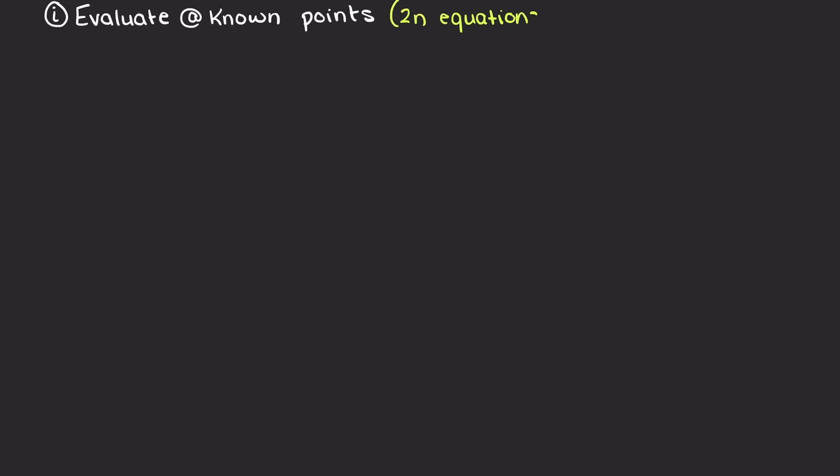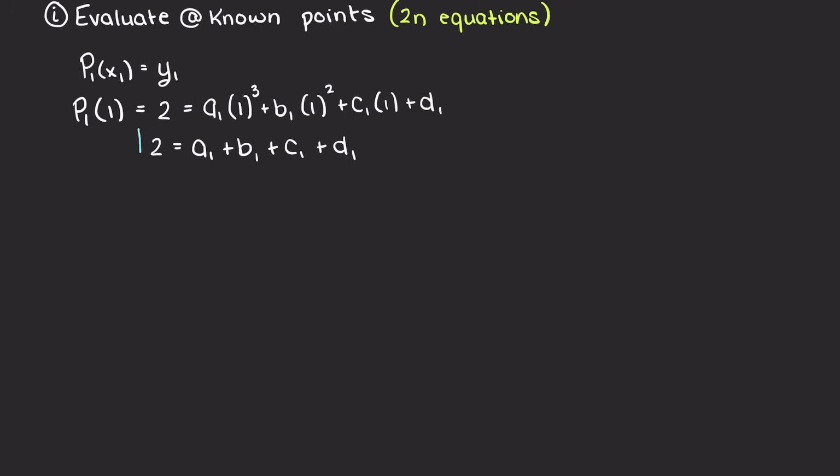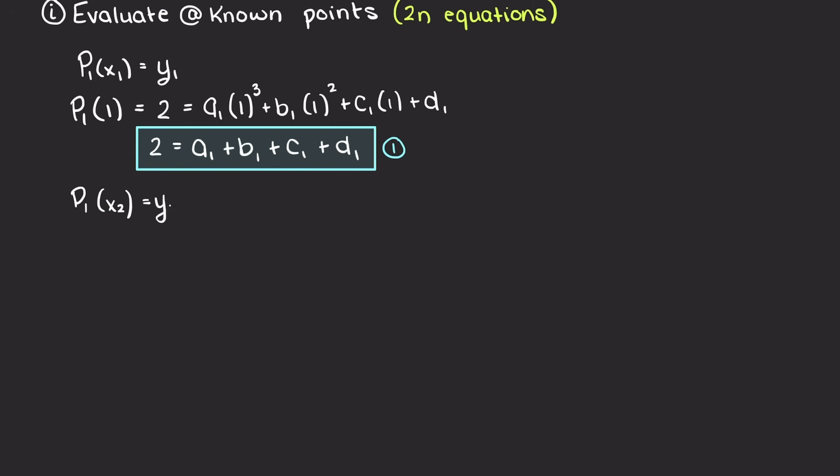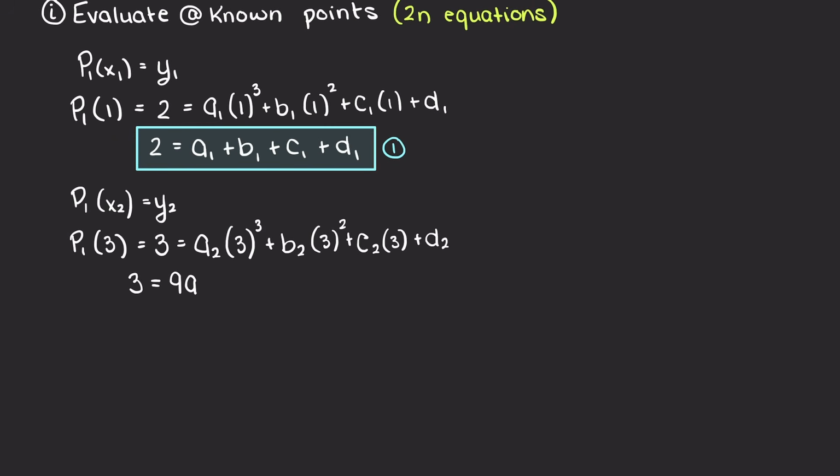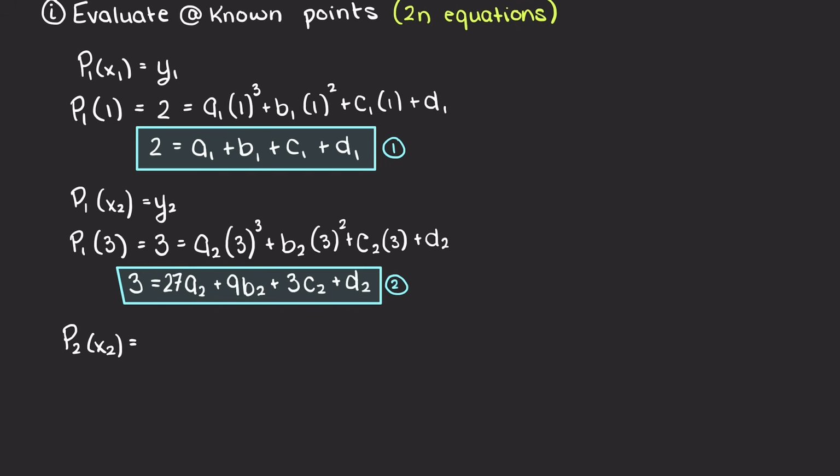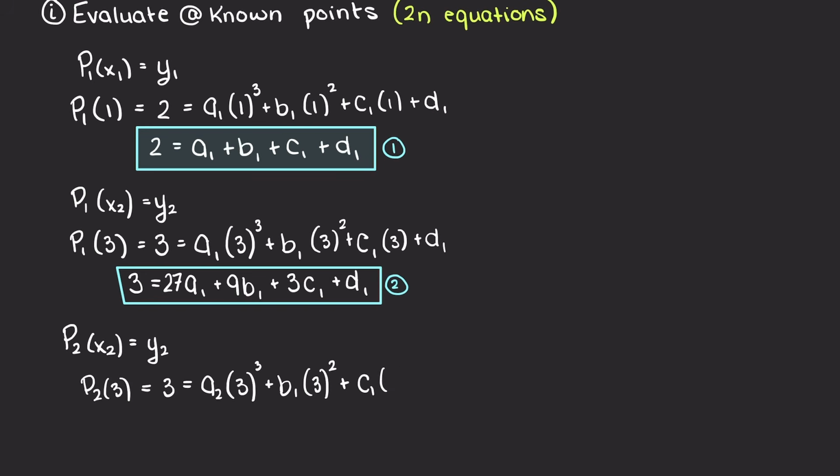As we learned in the previous theory video, we can get 2n equations through evaluating each of the 3 polynomial functions at our known data points. So let's just go ahead and do that. All we're doing here is plugging in our x values at our known points and simplifying. But to elaborate a bit more, we're going to evaluate our first polynomial with its 2 data points, so x1 and x2.